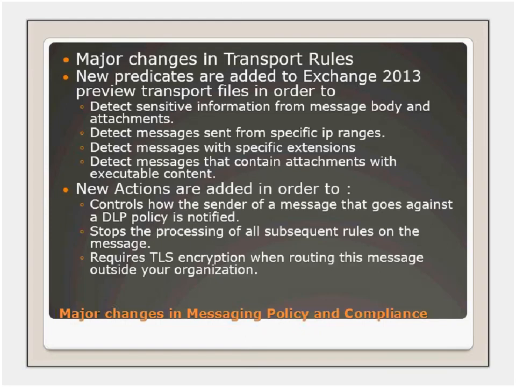The major changes for the transport rule. Okay, there are a few things that got added. Like say it can detect sensitive information from message body and attachment. It can even detect messages sent from a specific IP range. It can detect files with a specific extension.